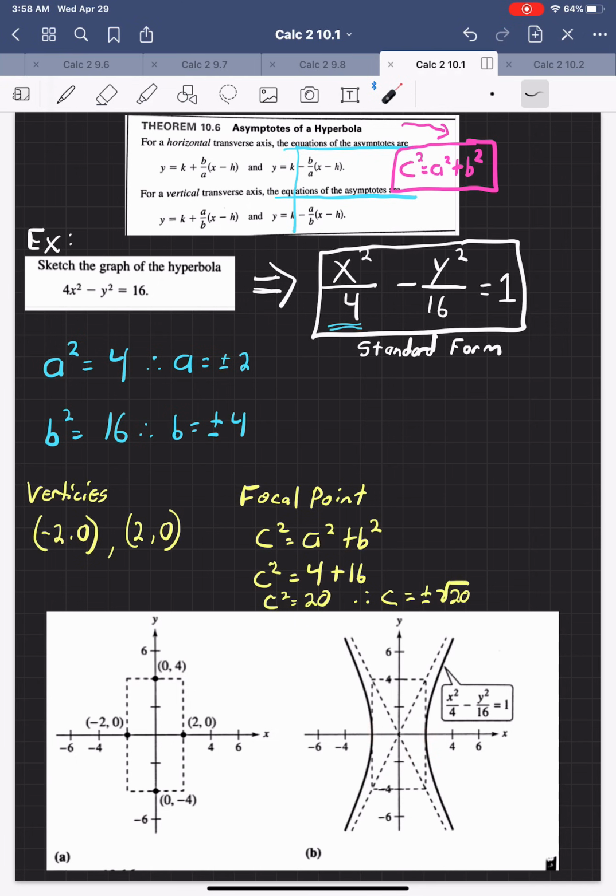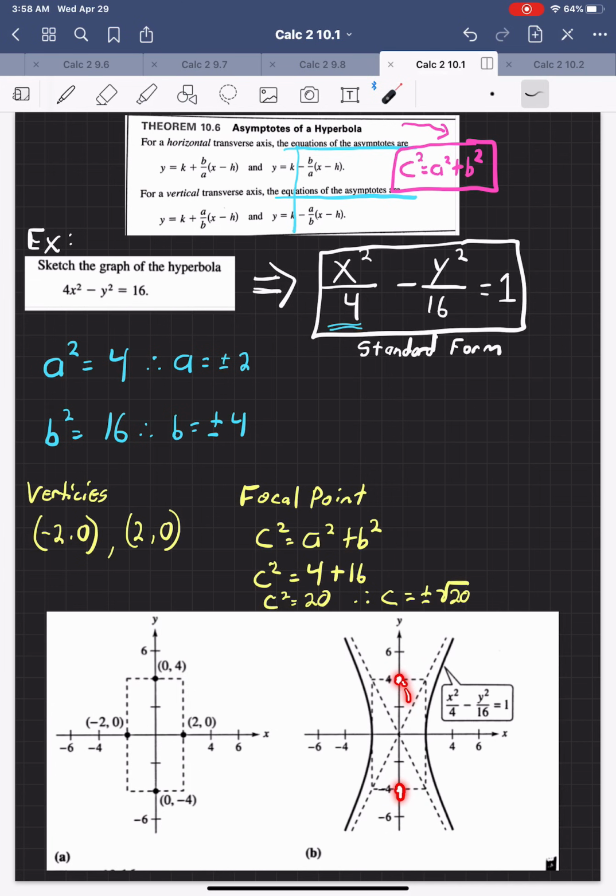Let's go back to the center. Don't you agree with me that B squared is 16? So that means B is equal to plus or minus 4. So from the center, I go up 4, then down 4. Now, those are not part of the hyperbola, but they are going to be helpful with graphing the hyperbola.